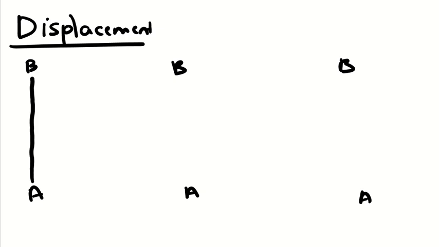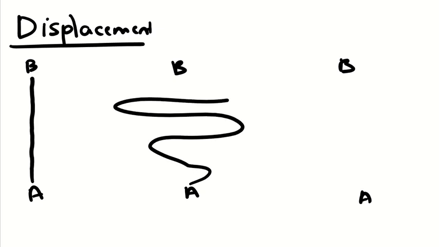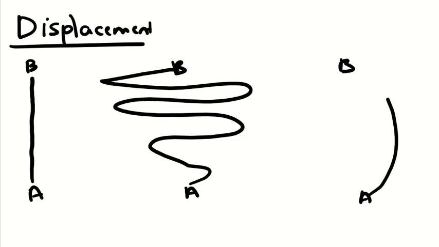The second, named Sudesh, went from A to B in a zigzag manner, or you can say the guy was drunk or whatever. And the last person went from A to B in a semicircular path.